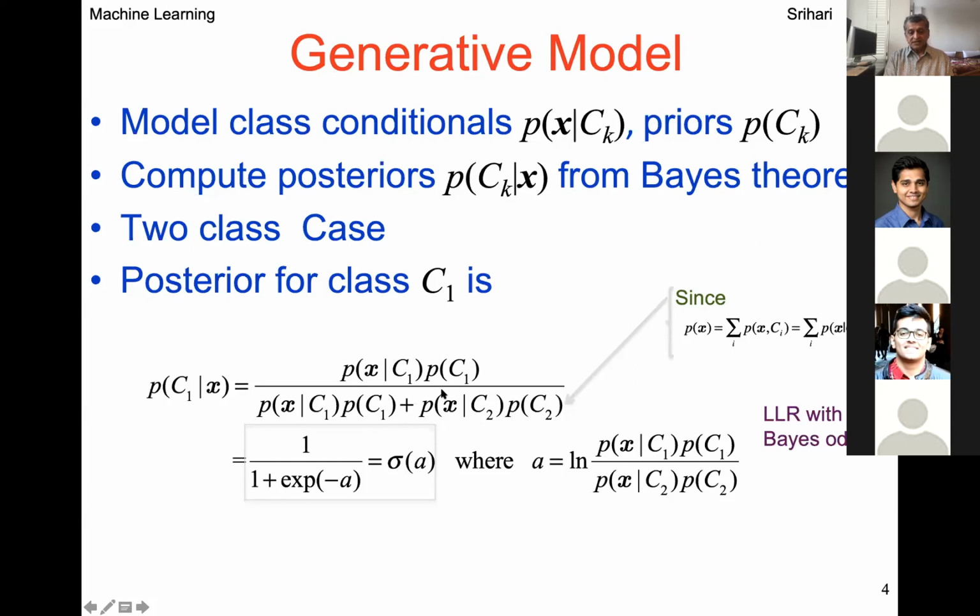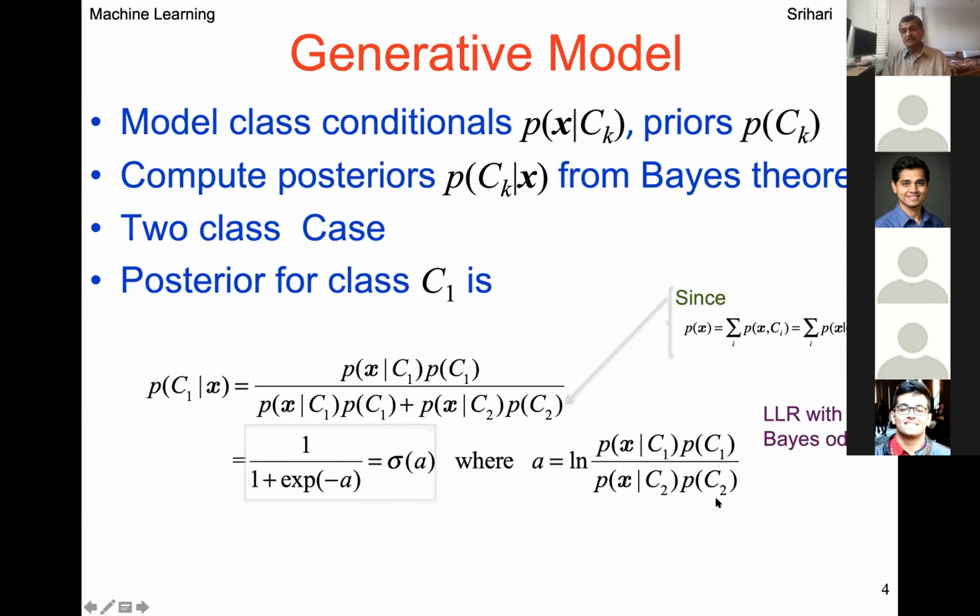And we notice that if you use A to represent the logarithm of P of X given C1 times P of C1 over P of X given C2 times P of C2, using this clever substitution, this whole expression P of C1 given X can be written as 1 over 1 plus e to the power of minus A. That's exactly equal to sigmoid of A. So it's sigmoid of this quantity, right?